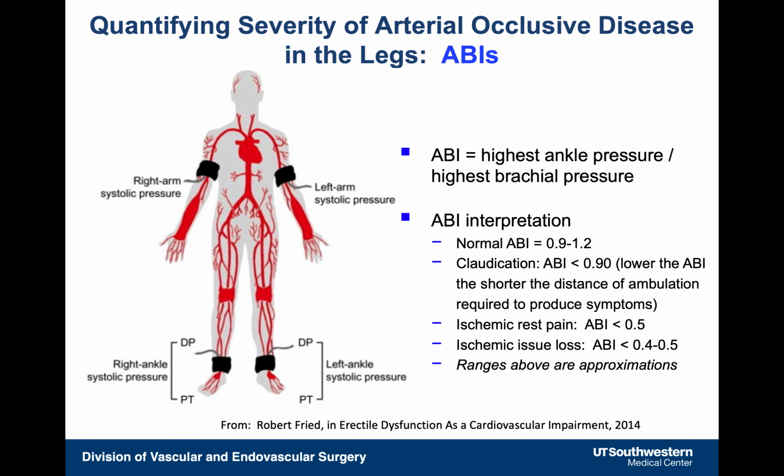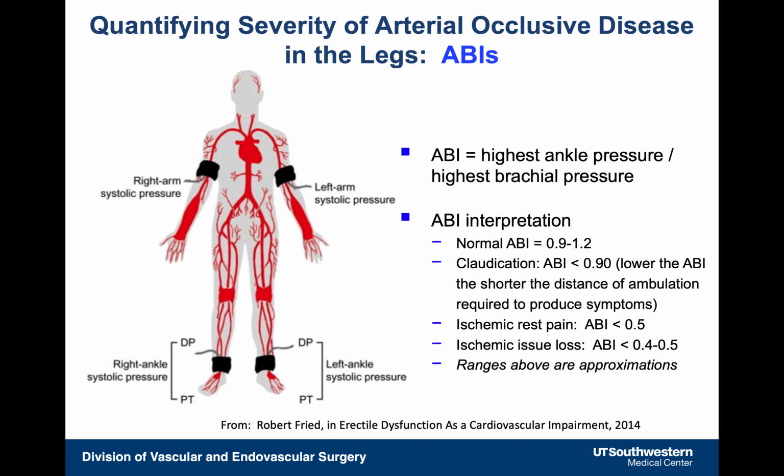Now, typically, ischemic rest pain occurs at ankle brachial indices of less than 0.5, and ischemic tissue loss, such as non-healing ulcers or gangrene, typically occur when the ankle brachial index gets well below 0.5. Now, it's important to remember that these ranges are all approximations.